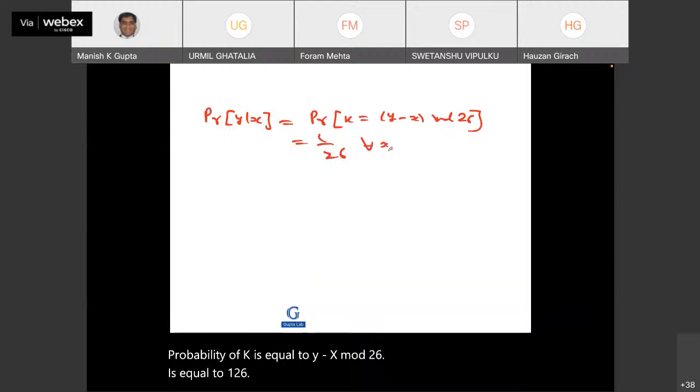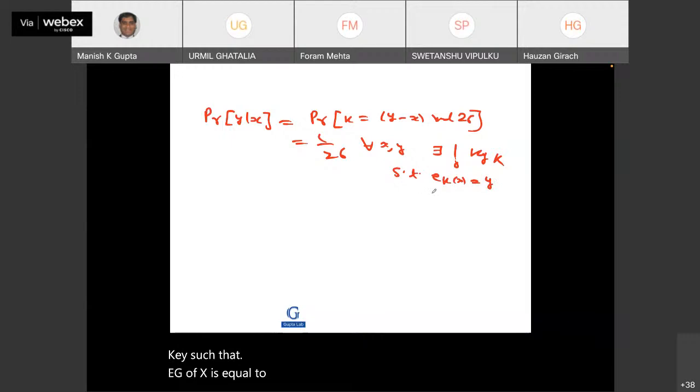So for every x and y, there is a unique key K such that EK of x is equal to y, namely K is equal to y minus x mod 26.